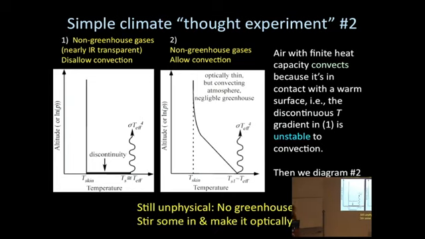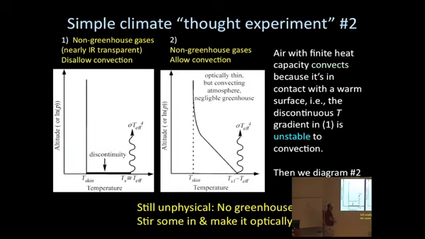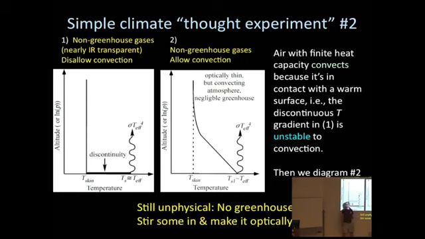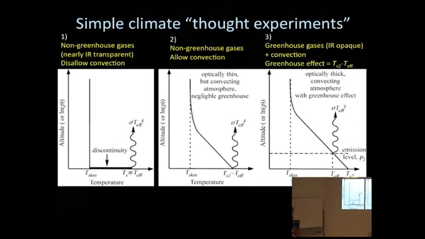But it's still unphysical because in reality, our planet is going to have some greenhouse gases. So we're still playing God, so let's take a spoon and we'll stir some greenhouse gas into our atmosphere. And now we'll get diagram number 3. What's going to happen is that just like the Earth, as we talked about in the approximation, now the emission level shifts up.